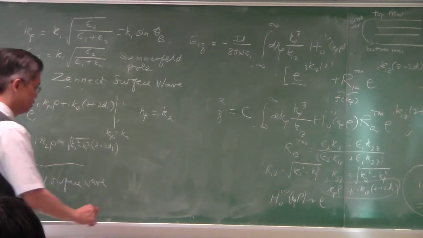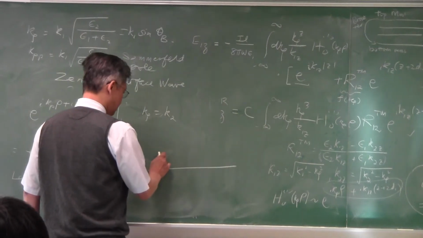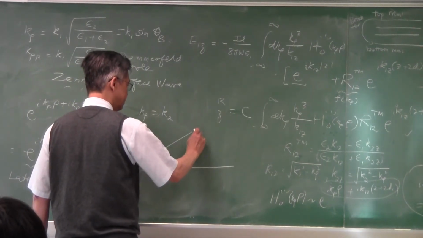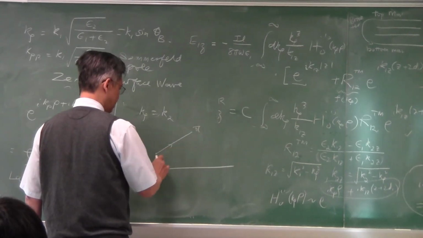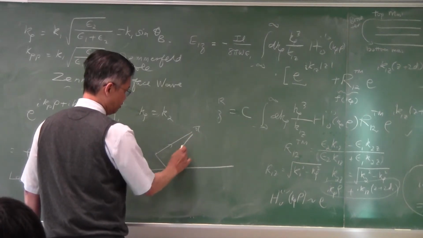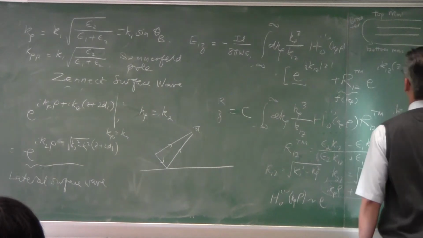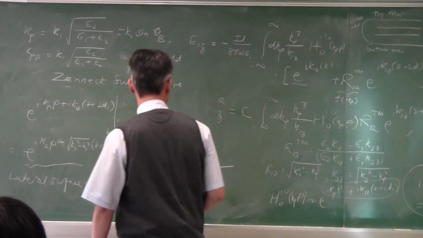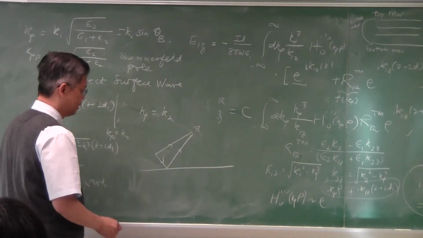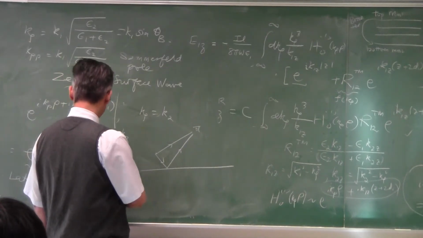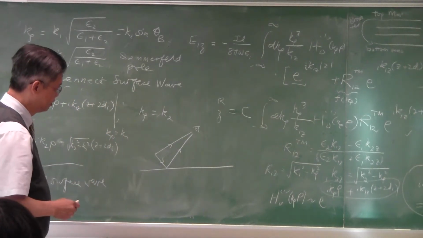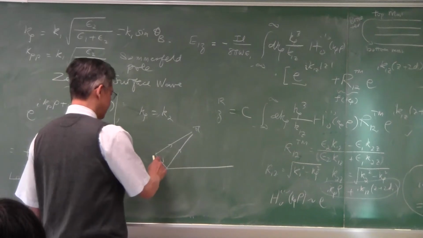Lateral surface wave is a wave. There are a few ways that the wave can reach the observer. One is a direct wave, one is this reflected wave, which is this term over here. The direct wave term is this term, which we never did anything about. But there's also another possibility that the field can reach the observer via the surface wave.